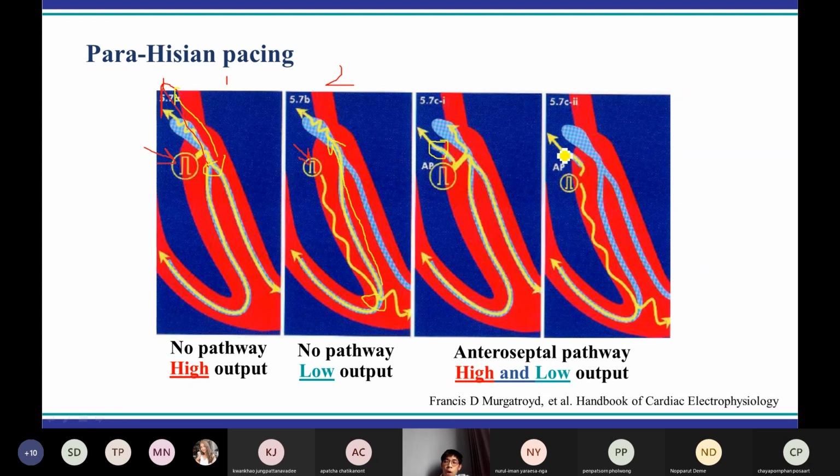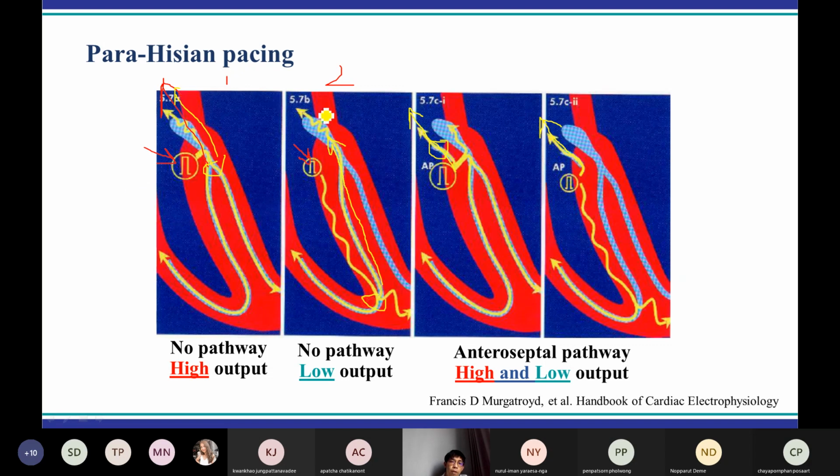Even if it is a low output, it could use the bypass track and go up to the atrium. Even if you use the higher output, it still can go up into the atrium via the accessory pathway. So what is the difference between this one?